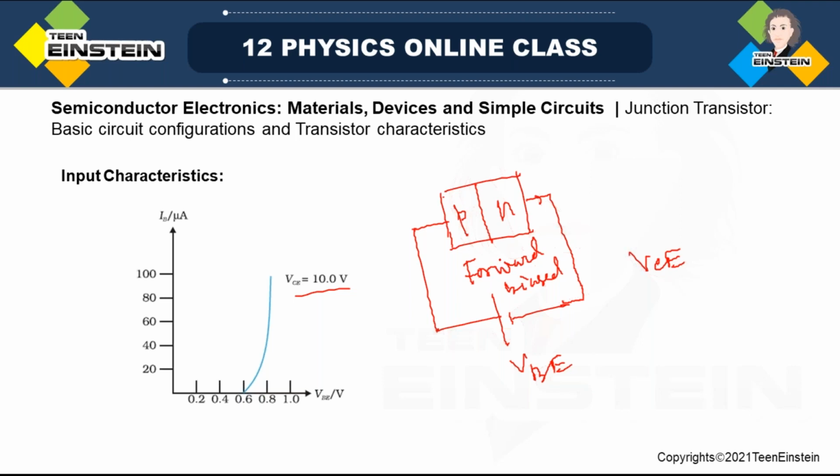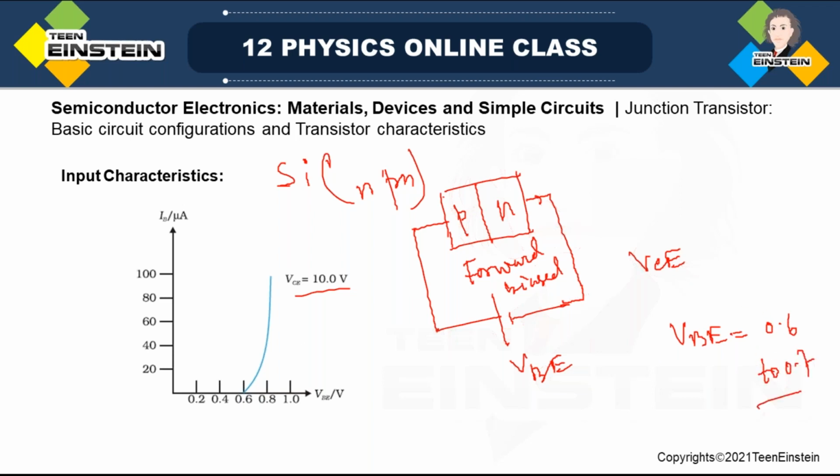Look, in a normal diode, suppose here it is a silicon NPN junction transistor. It is made of silicon, so VBE will generally be a fixed value, like the barrier potential for silicon at the BE junction in forward bias, which is about 0.62. It varies from 0.6 to 0.7.